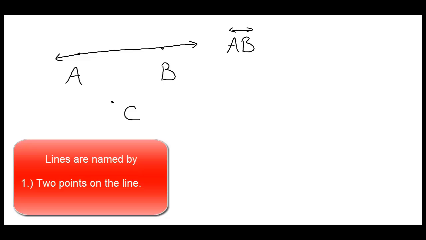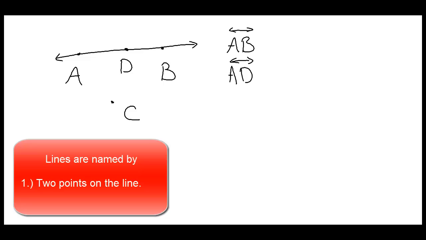If I had another point on that line, for example, this point right here we'll call D, I could also have called this line AD. Other possibilities would have been line BD or line DB or DA or BA, but we're not going to bother writing all those down.